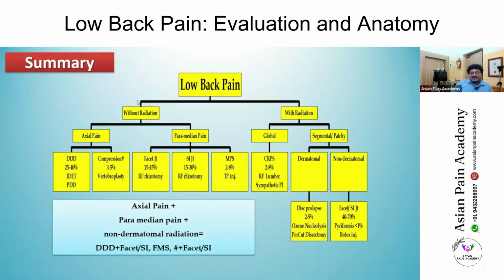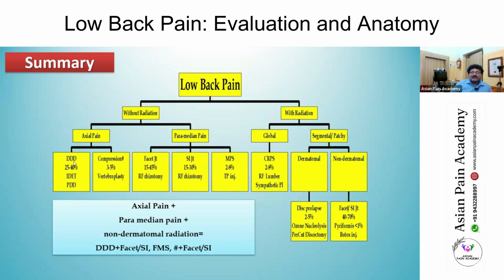Now, after this, there is a chart. Low back pain without radiation: if the pain is axial, you will think of a degenerative disc disease or a compression fracture.